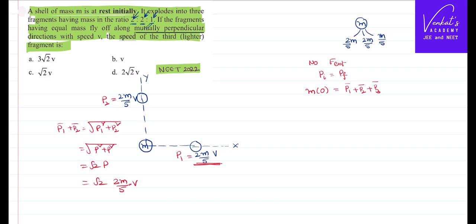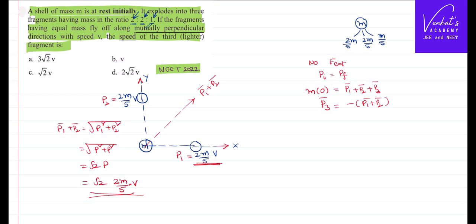So I can say P3 bar equals minus of P1 bar plus P2 bar, where P1 bar plus P2 bar is this way. If you understand carefully, if this is the direction of P1, this is the direction of P2 and both are equal, the direction of P1 bar plus P2 bar will be exactly in between them.